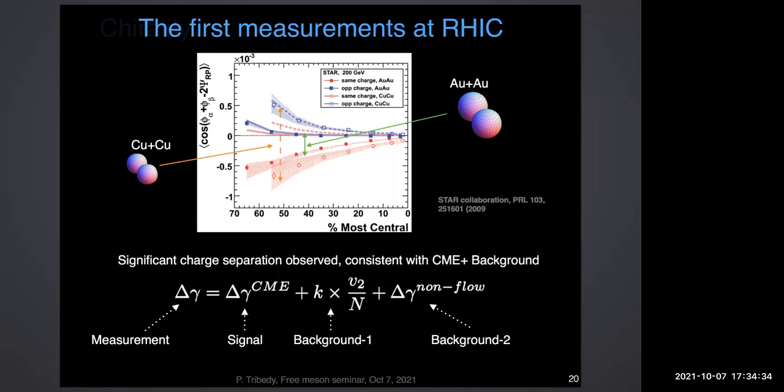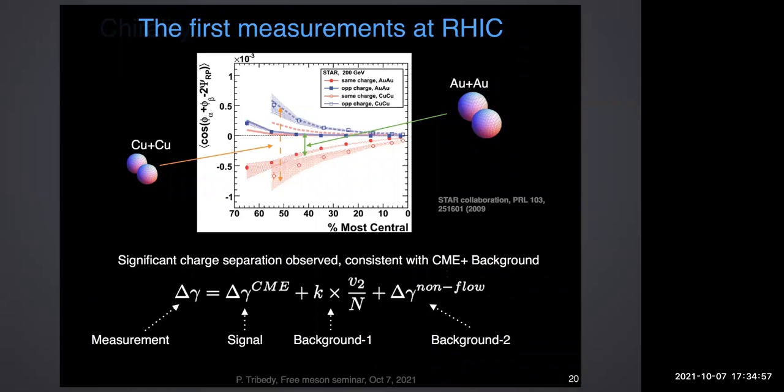We don't know what the fraction is for this component; we'll figure that out. But we definitely know there is a background which is related to V2 and isotropy over multiplicity. This is just the resonance I told you. And then there is a second background called non-flow.